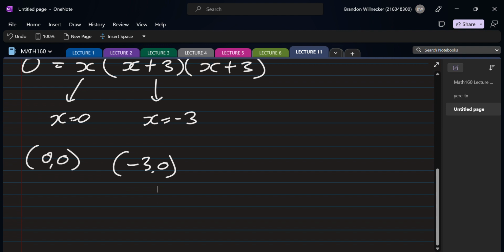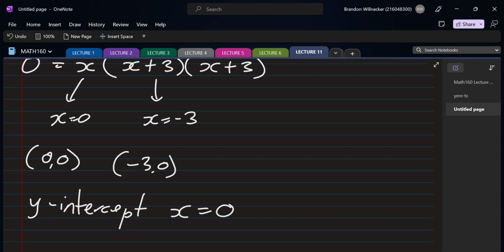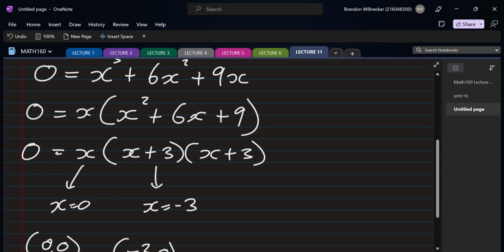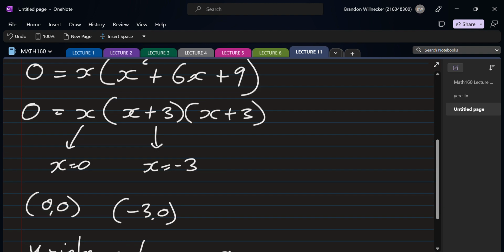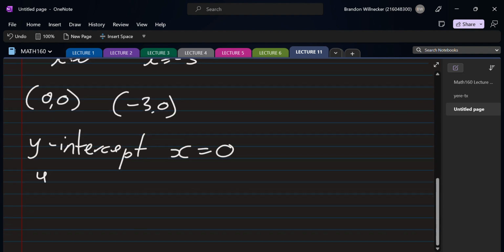Okay, so we've got 2 x-intercepts. What about the y-intercept? So for the y-intercept, x is equal to 0, just to remind us what to do. So we can look here. If I put in x is 0, we see all of those are going to be 0, so we get y is 0. So for the y-intercept, we get (0, 0).